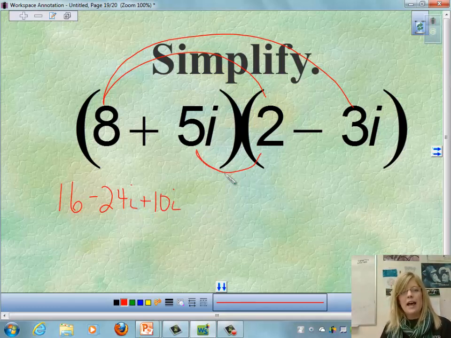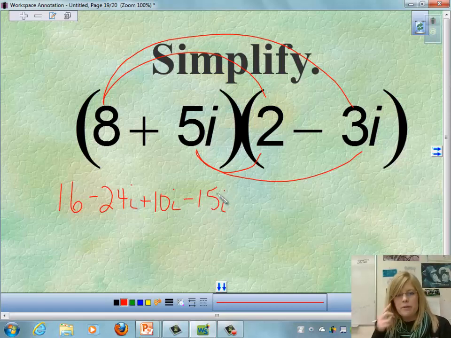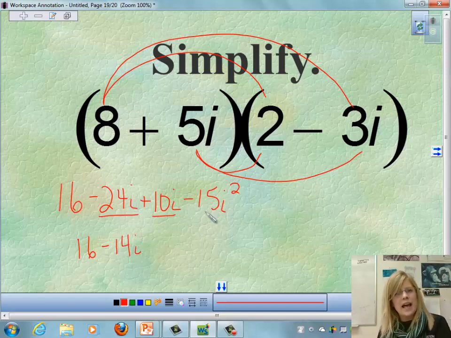And now your last, 5i times a negative 3i. Now we got 2 i's when you're multiplying. That is a negative 15i squared. And when we do that, let's simplify. Well, this is 16. I can combine these because they have the same exponent: negative 14i. And now here, what did I say i squared is?